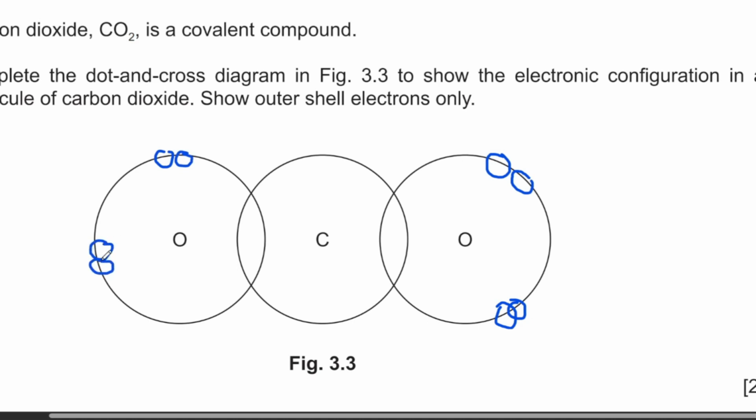Right. Carbon has 4 electrons in its outermost shell, and it forms double bonds with both of the oxygens, so it would share 2 with one of them. So that would give them both the electronic configuration of group 8 atoms. There you go.